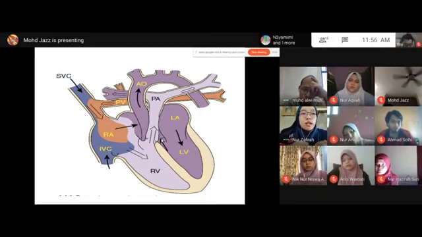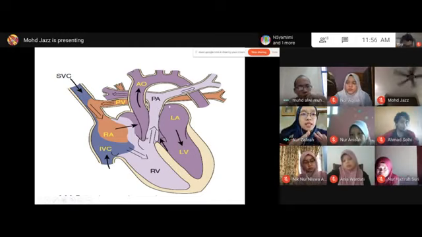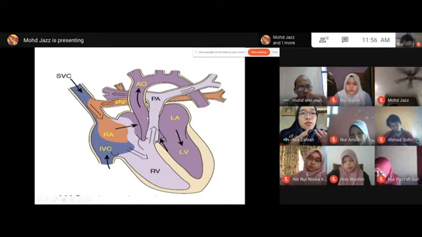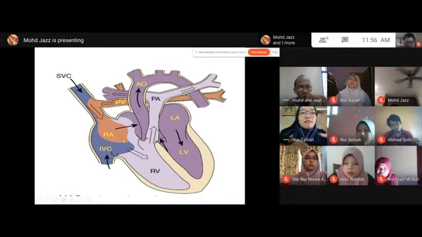And some of the blood will also go into the right ventricle and pulmonary artery to be oxygenated. However, the return of the blood from the lungs through the pulmonary vein is into the right atrium.